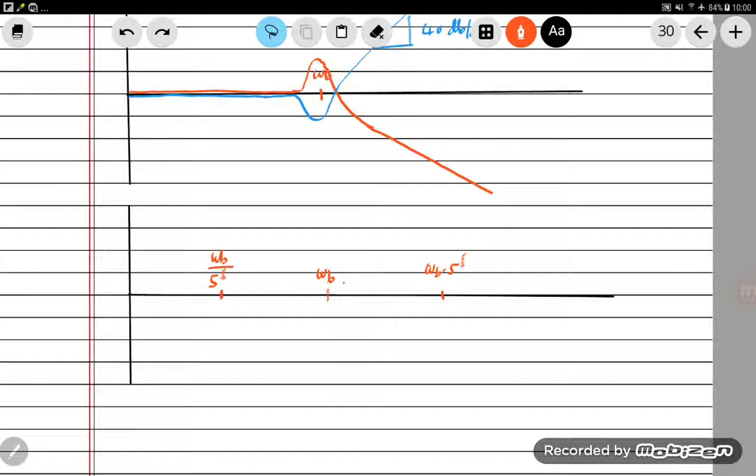Just to make it clear, I'm plotting the phase plot of a transfer function that has a pair of complex poles. So we know it goes up to there. It's negative 90 at omega b, and then it's negative 180 at that frequency.